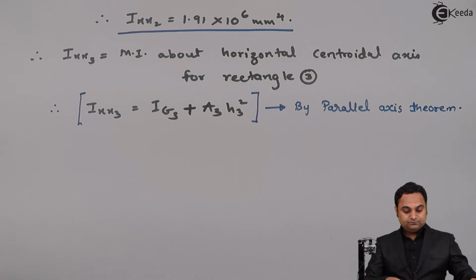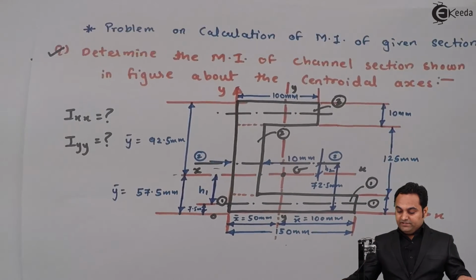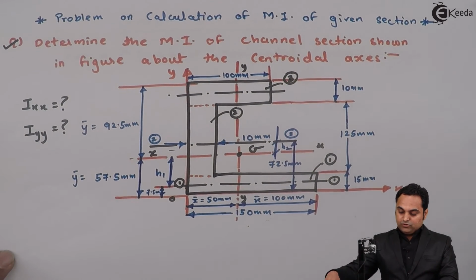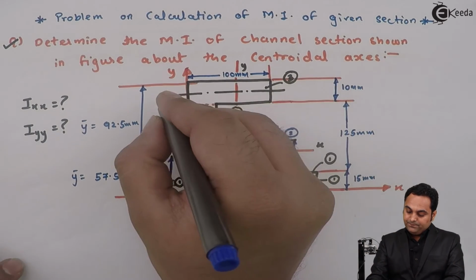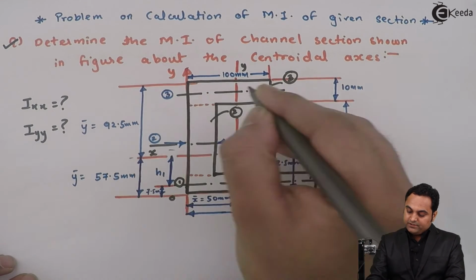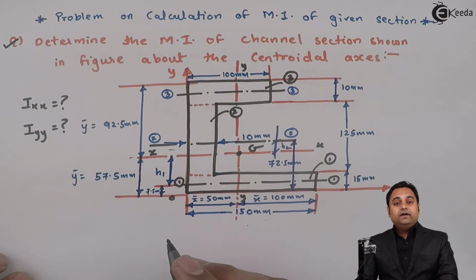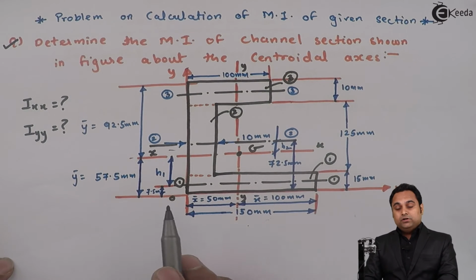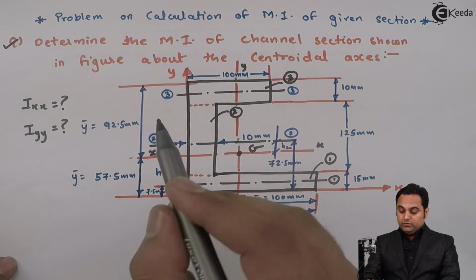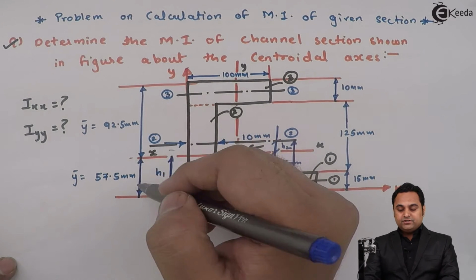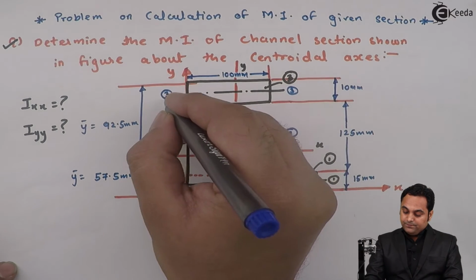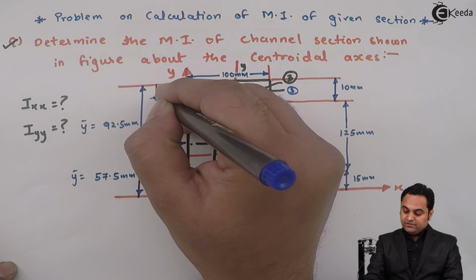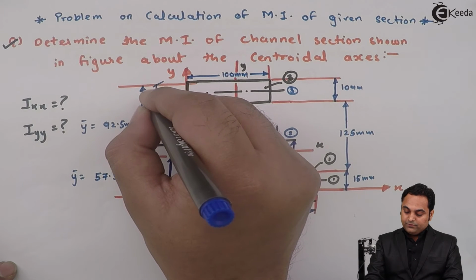Now if we see the diagram, the x-axis of rectangle 3 is here, I'll mark it as 3 and 3, x-axis for the third rectangle. But the x-axis of the complete C section is located at 92.5 mm distance from top, and here the distance of this x-axis is 5 mm from top.